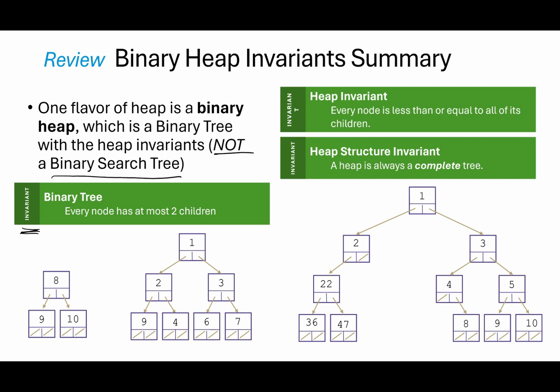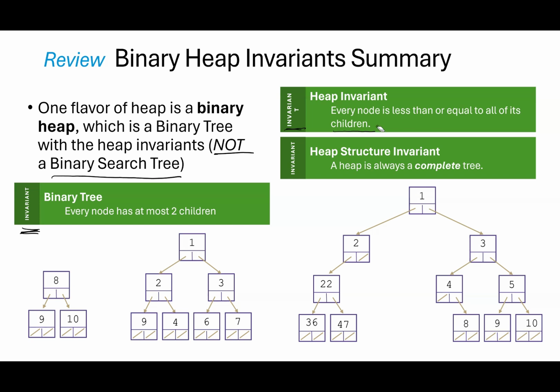And then the second invariant, the second condition that you cannot violate, is the heap invariant. That means every node is less than or equal to its children. Remember, we are talking about a min priority queue now. If you are talking about a max priority queue, everything will be opposite.